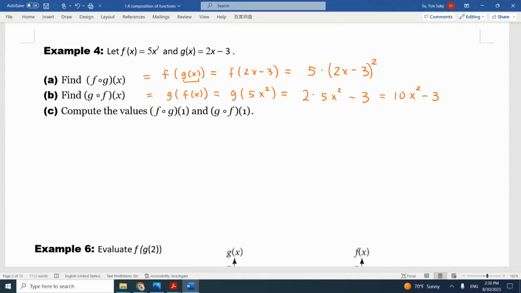So when you write something down on your paper, quiz or exam, make sure I can tell the difference between multiplication and composite. This is multiplication. This is a composite.